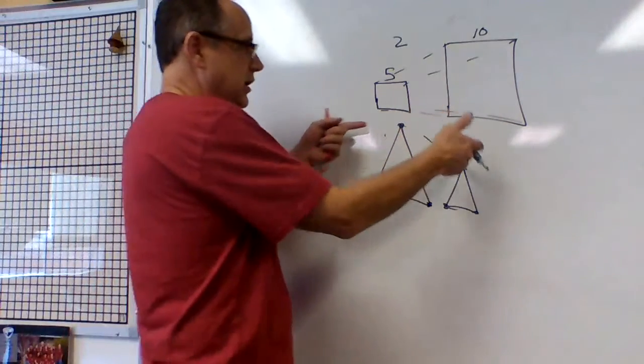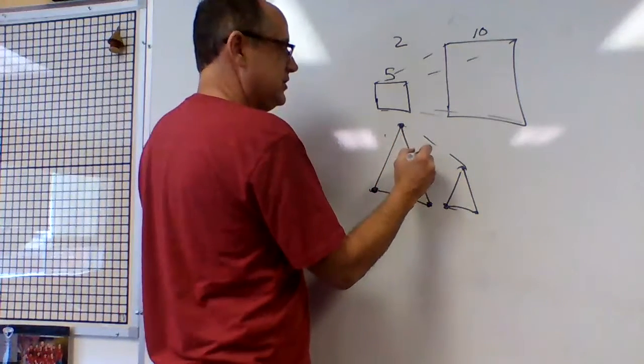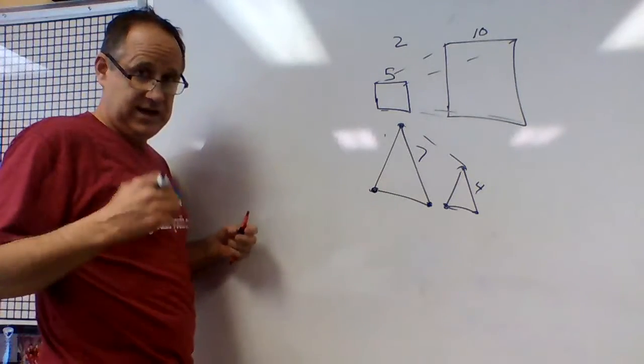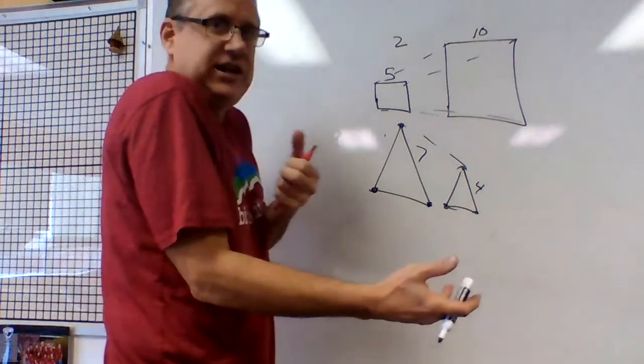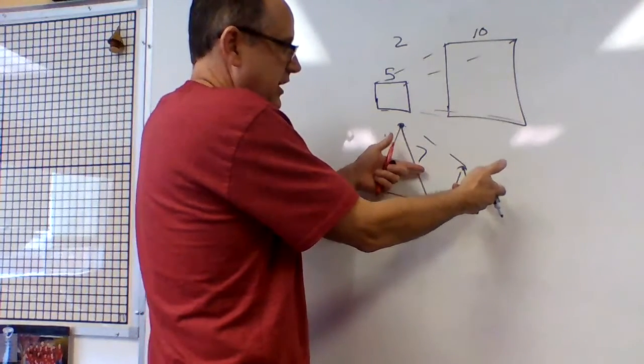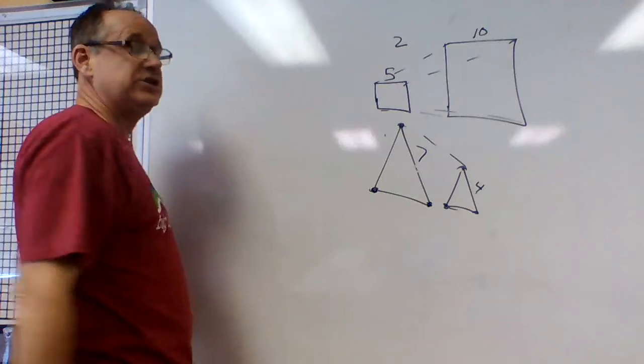And if this was 7 and this is 4, to find that reduction, you take the change and put it over the original.